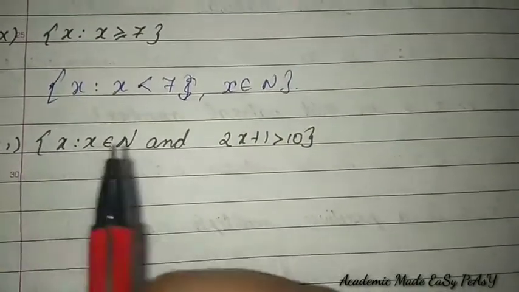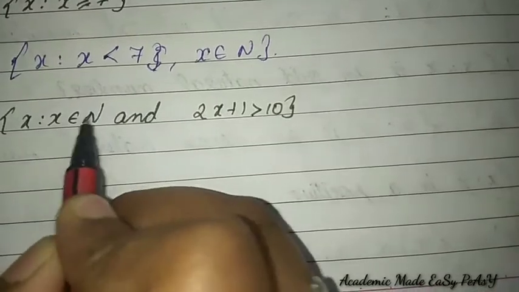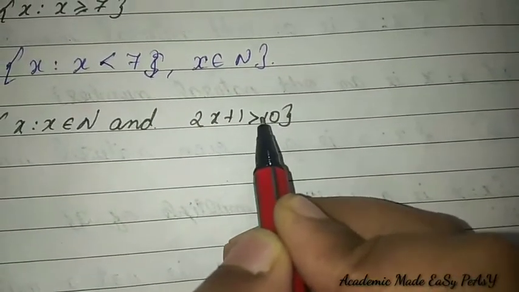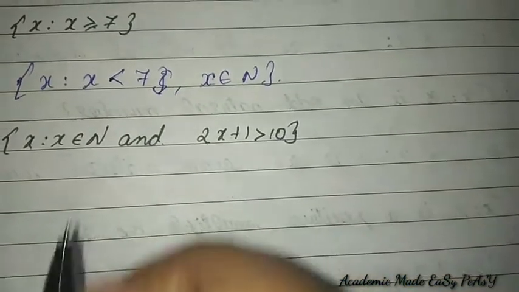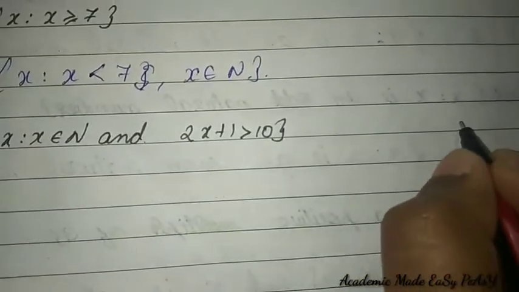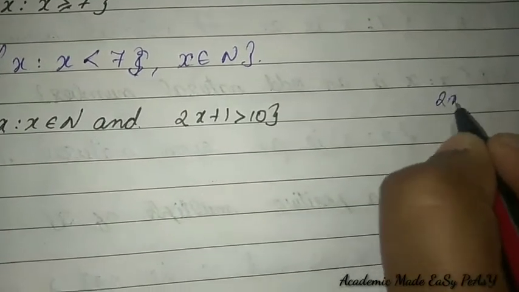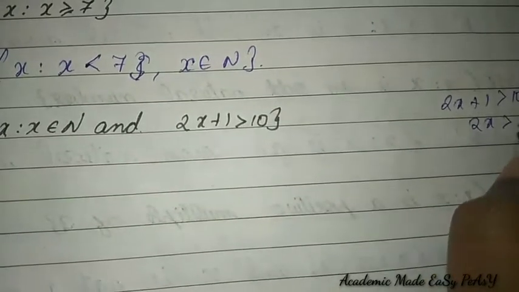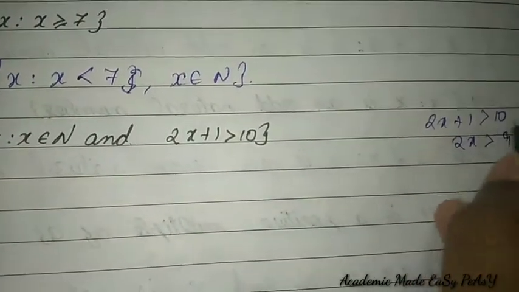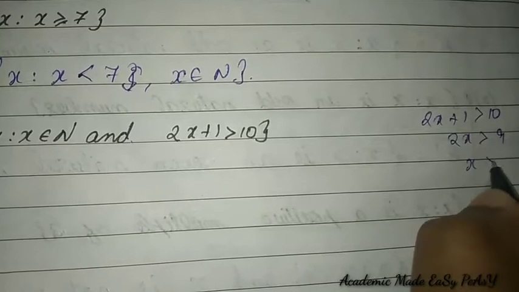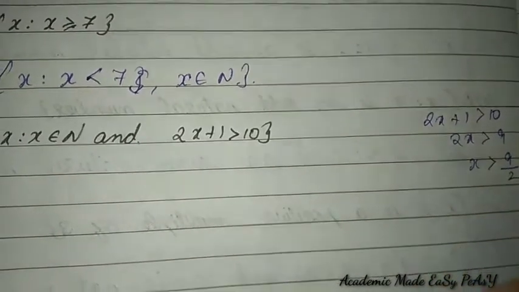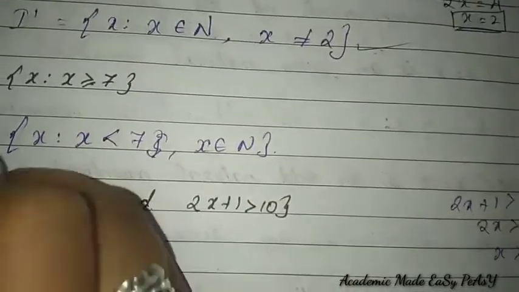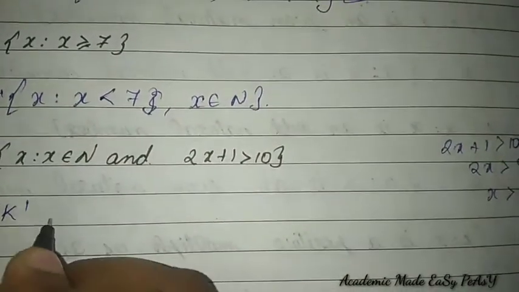Next question, 11th subdivision, x such that x belongs to N and 2x plus 1 is greater than 10. So here what will be there? Here also the same simplification. So here 2x plus 1 greater than 10, isn't it? So 2x greater than 9. So 10 minus 1 is 9. So x should be greater than 9 by 2. This is the condition. So here what will be the complementation? Let this be J dash and this will be K dash.